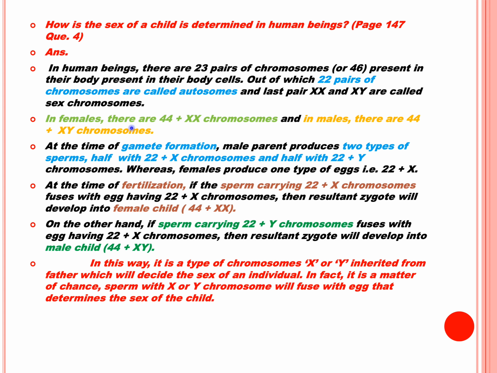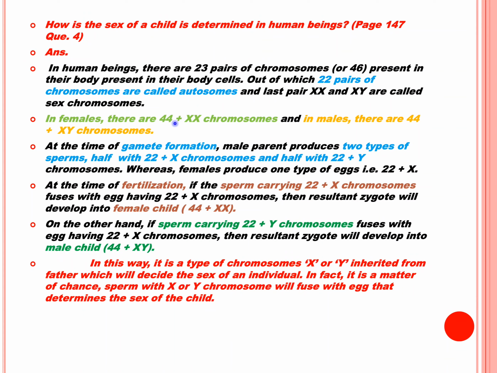So students, you can be asked in the exam how many total chromosomes there are in the body cells of human beings. You can say 23 pairs of chromosomes or 46 chromosomes. You can be asked the number of autosomes or sex chromosomes in human males and females.